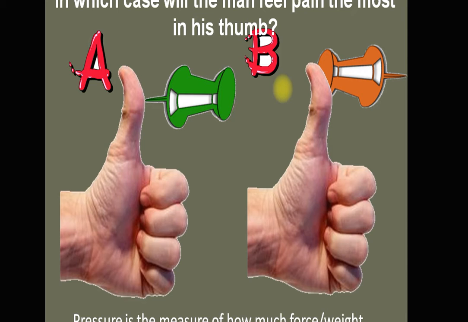You can see the pin on his thumb has a small area, so it is exerting a force on a small area of the thumb, but the cap is exerting a force on a larger area.